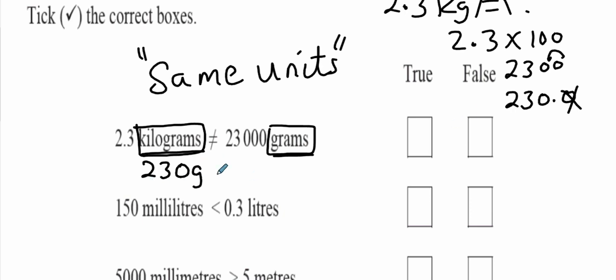Now is 2300 not equal to 23,000 gram? Is 2300 not equal to 23,000? The answer is true. These two numbers are not equal.